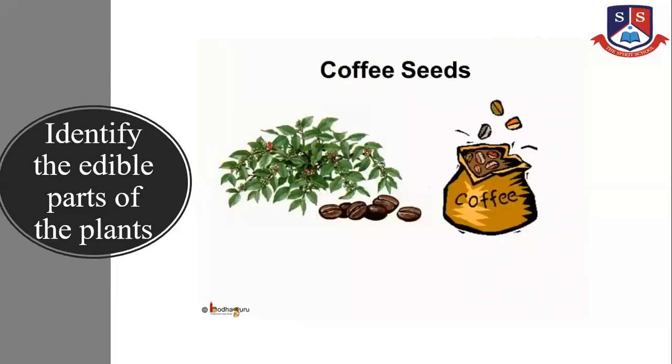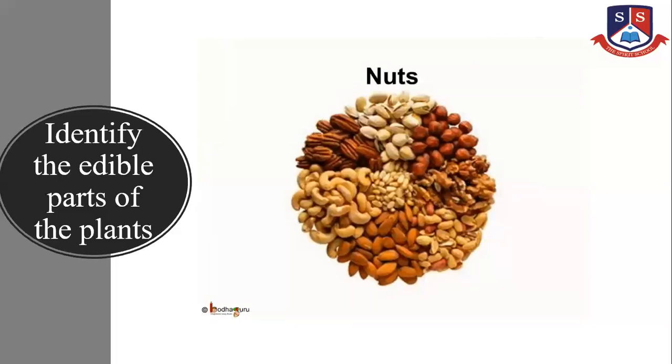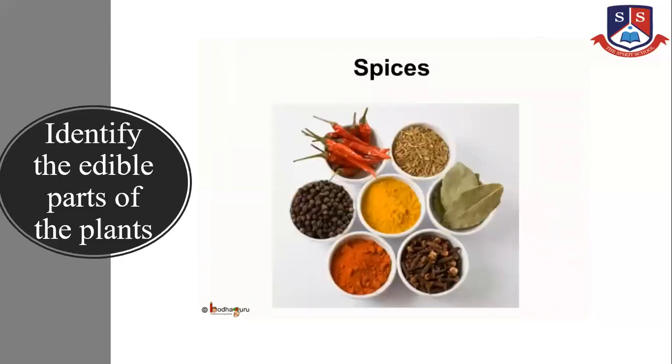How about coffee? Any guess? We get coffee from the seeds of the coffee plant. Many nuts we eat like cashew nuts, almonds, walnuts, pistachios are also seeds. Spices that add flavor to our food, like pepper, cardamom, cloves, chili, etc., also come from the plants.